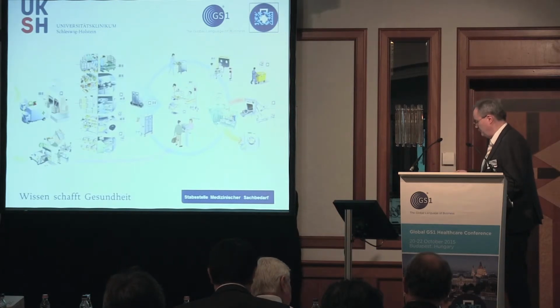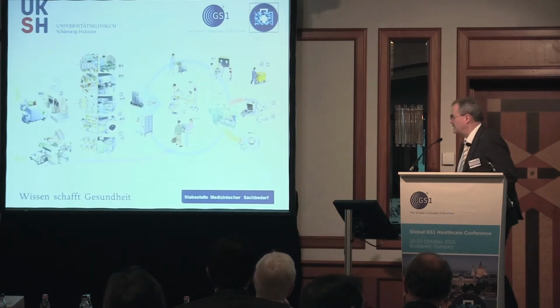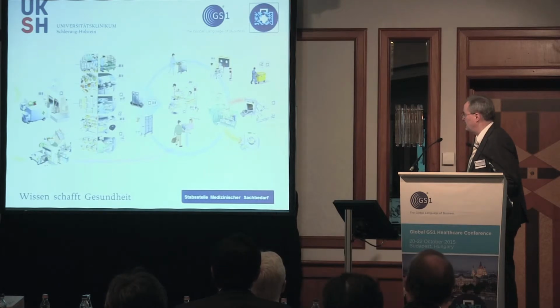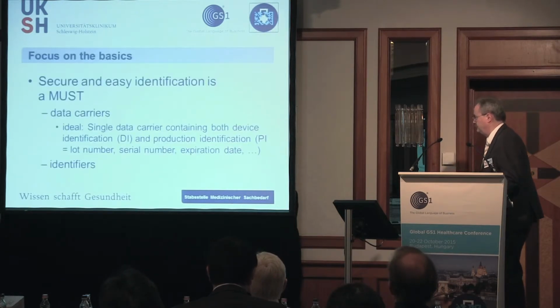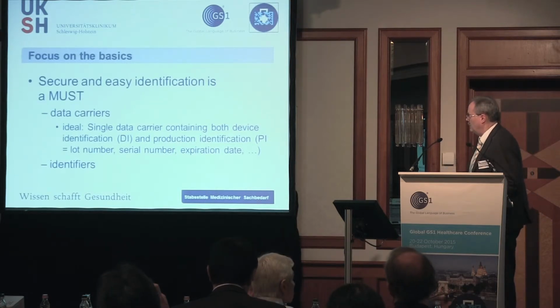You've seen this graphic a lot of times. Identification, of course, is key when a product is moving through the supply chain. So, secure and easy identification is a must.